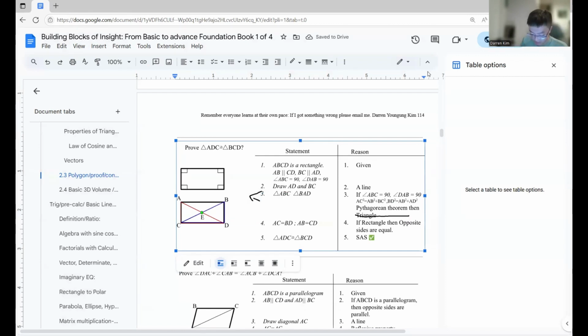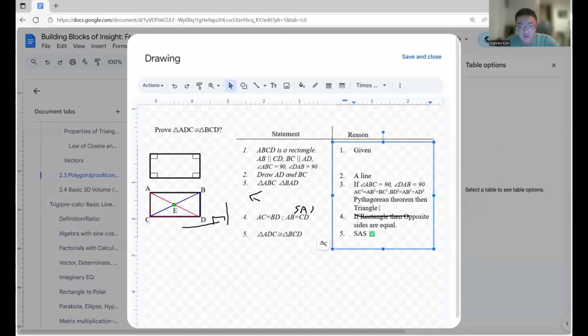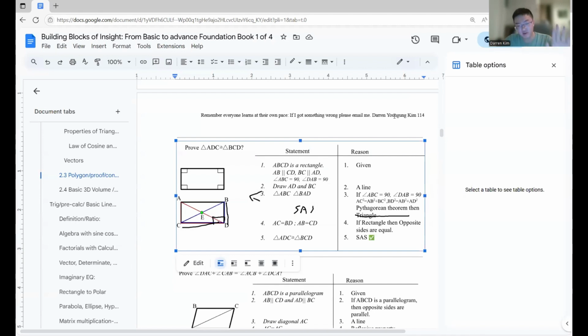The reason why is I got the legs and I got the angle, so SAS is the right answer. So I still got it wrong, but it's not due to this. No, this defines a triangle, and the SAS is here. All right, oh, we got it. Okay, okay. Sorry, I was right. So we use the parallel theorem.